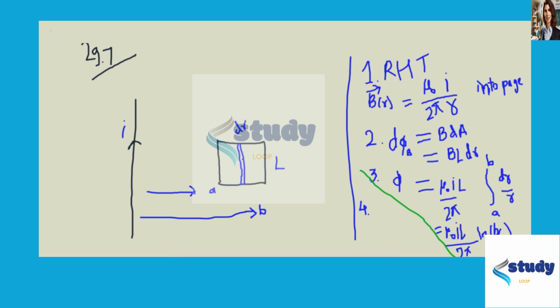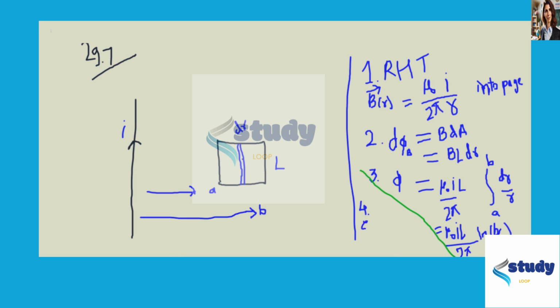But if di over dt was decreasing, then the change in flux would be coming out of the page, and the loop would try to oppose that, and it would create an electric field that is clockwise. So yeah, we can deal with that with other problems. Meanwhile, let's try to solve this problem here.